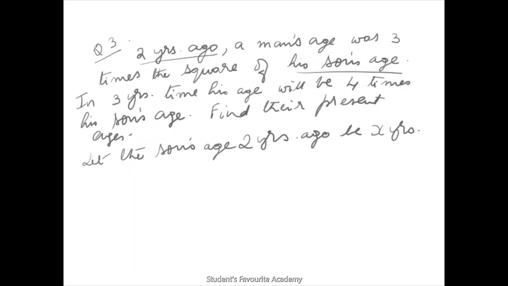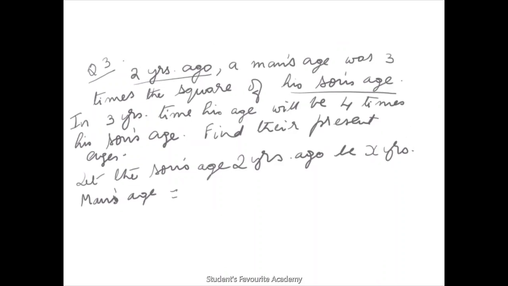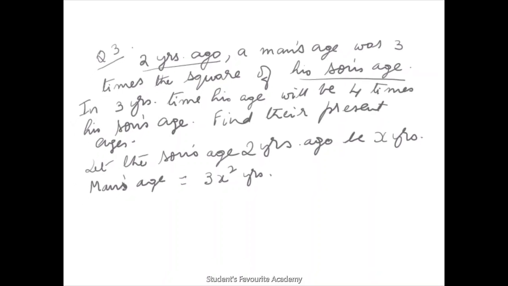Then man's age, according to the question, will be 3 times the square of his son's age. So man's age will be 3x square years. Agreed? Now, son's present age will be x plus 2 years. Why? Because 2 years ago he was x years. So present age will be x plus 2 years.